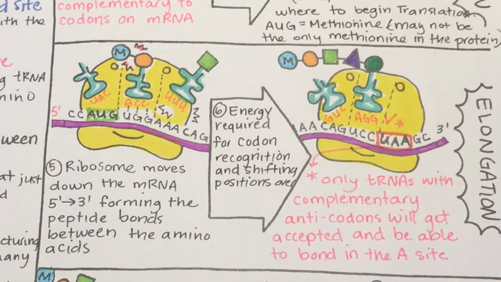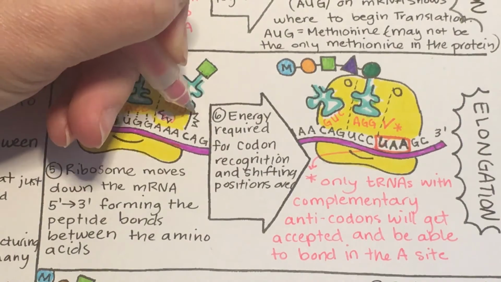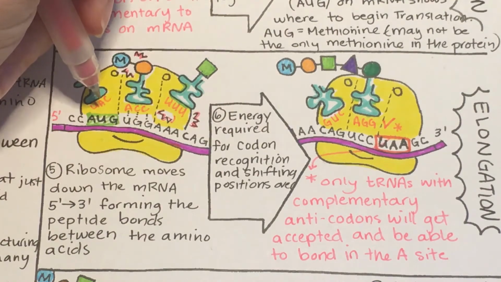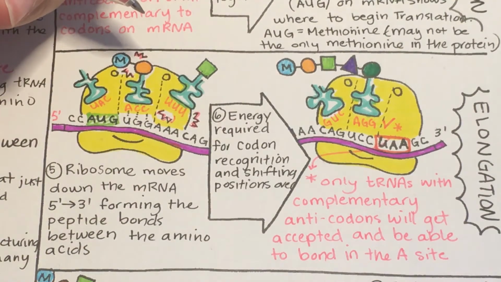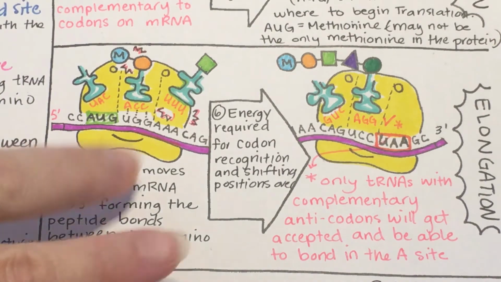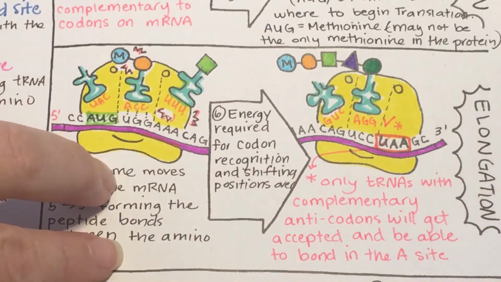folding for you today. Okay, so energy is required to not only recognize and bring in the right anticodon on the tRNA to match the codon, but also to shift everything over and move. So you may recall in the Oculus, like the virtual cell video that we did, where the motor protein is moving, each of those takes an ATP.